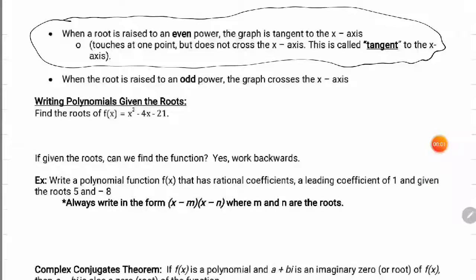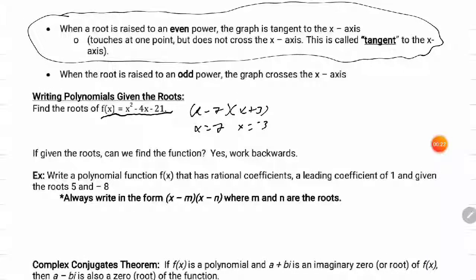Okay, now we're going to write polynomials given roots. Now, just for example, this is our goal here. And if we factor this, we'll get x minus 7, x plus 3. So our roots are x equals 7 and x equals -3.